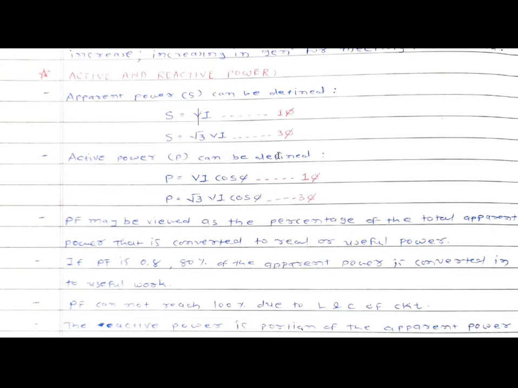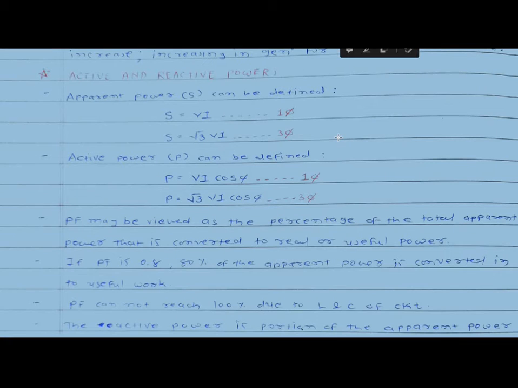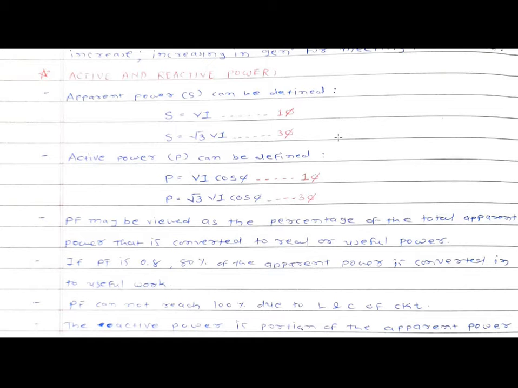S is equal to root 3 VI is the equation for three phase apparent power. Now active power can be defined by P is equal to VI cos phi for the single phase, and P is equal to root 3 VI cos phi for the three phase.